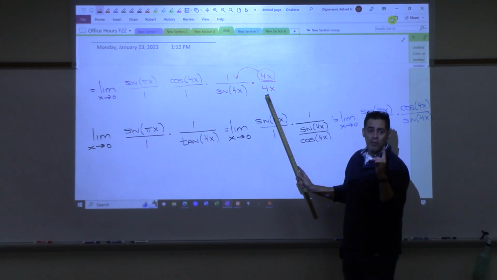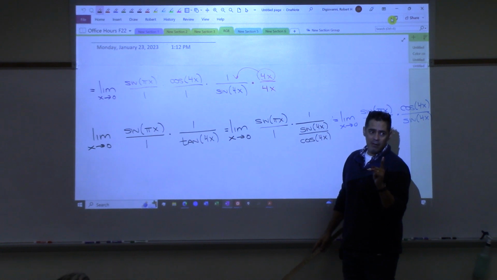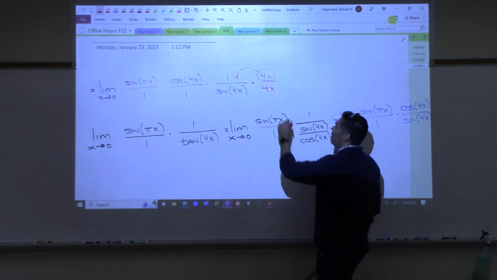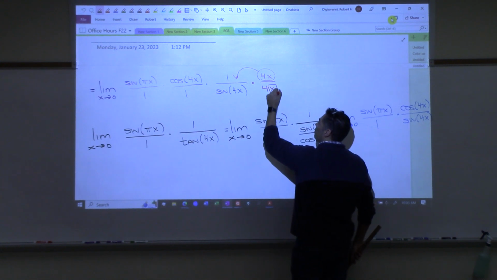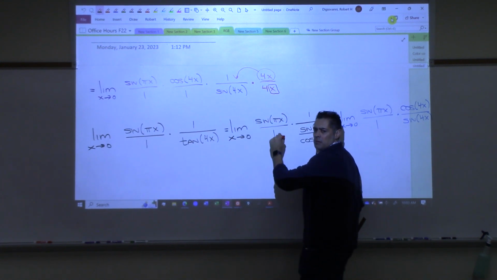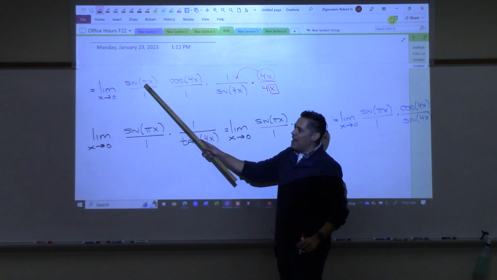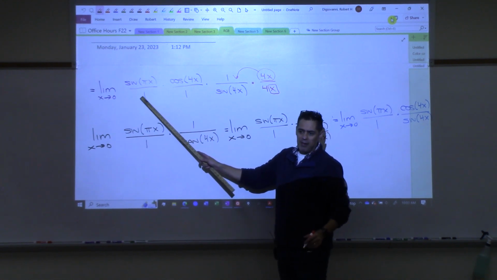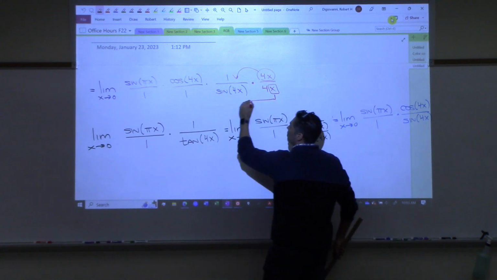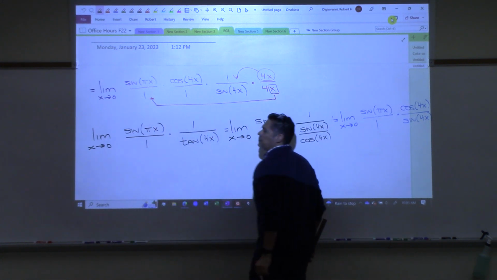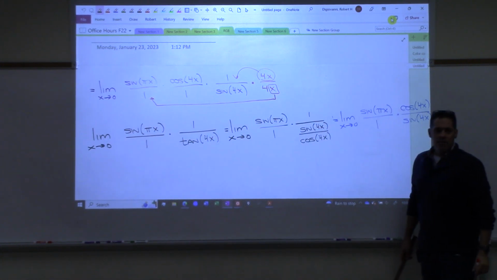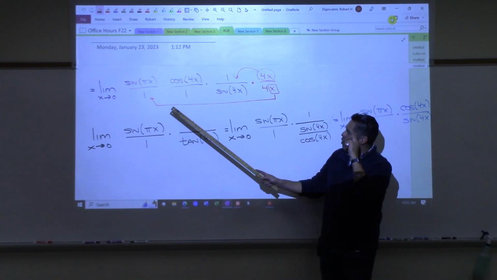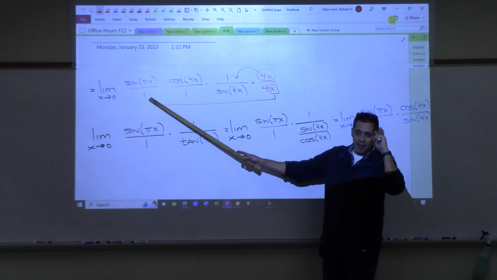So move just the x, where? Under the sine pi x. Why not the 4? Well, this is pi x, right? I need a pi x on the bottom, not 4x, right? So I'm just going to take the x and put it here. I'm hoping you can visualize there's an x there now, right?